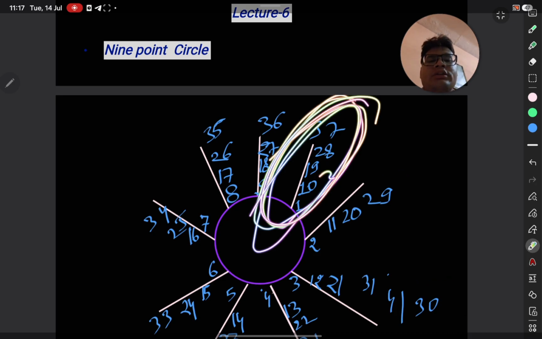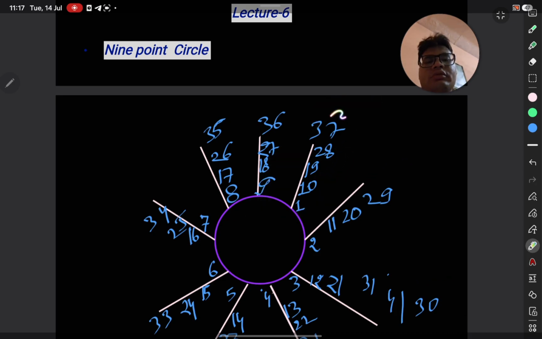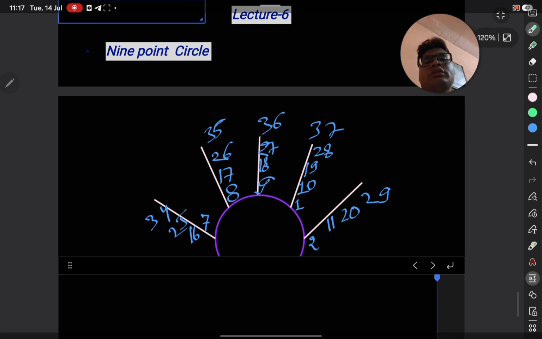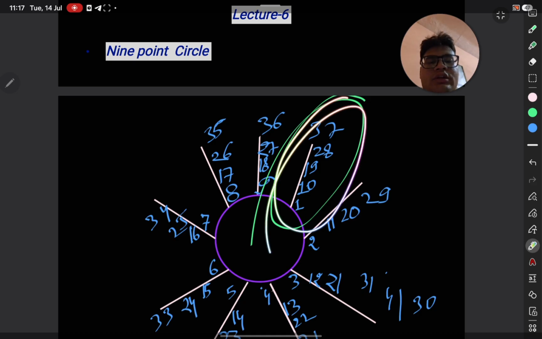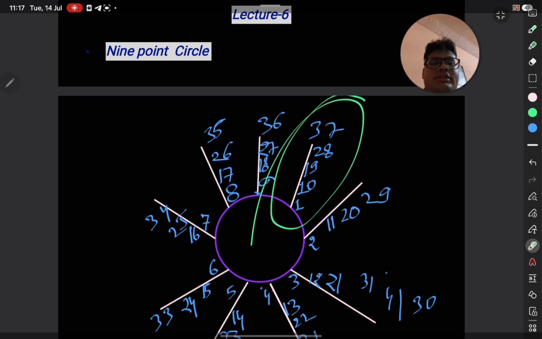Numbers will be infinite on this branch, but for convenience I am writing only a few numbers. So we have to choose one with digit sum 1, but the second condition is that it comes in the table of 7.